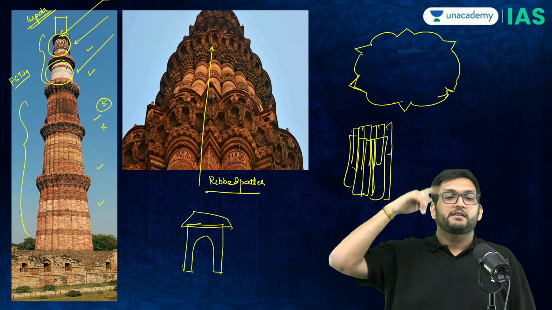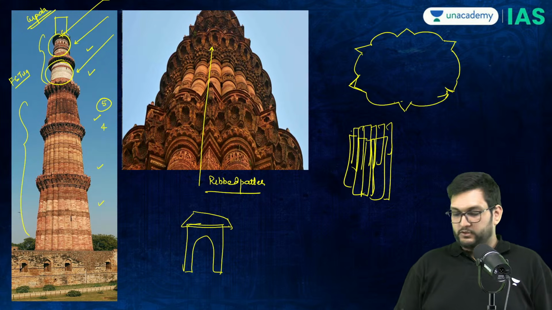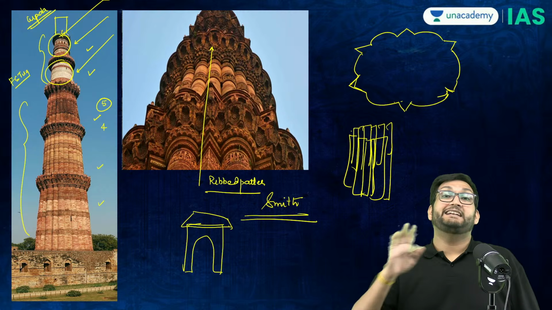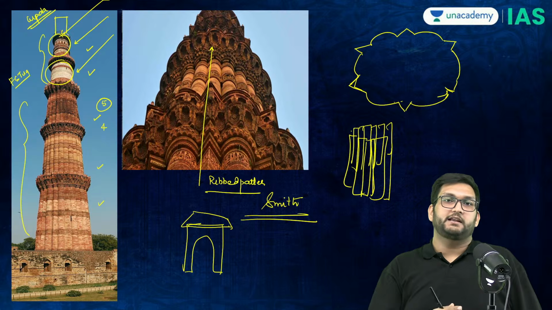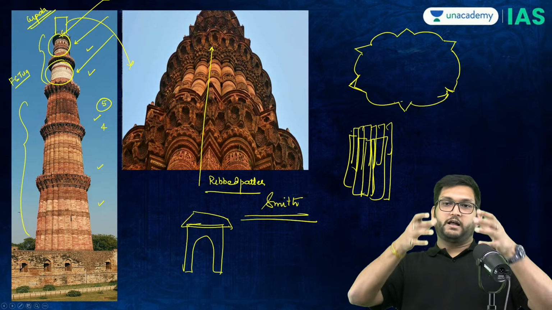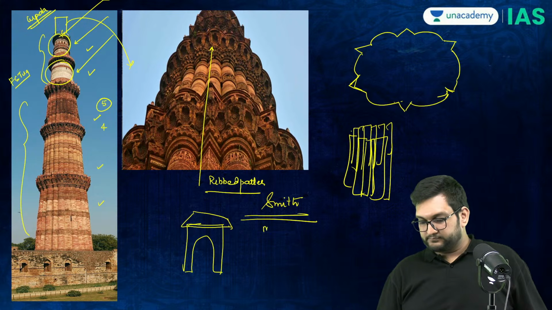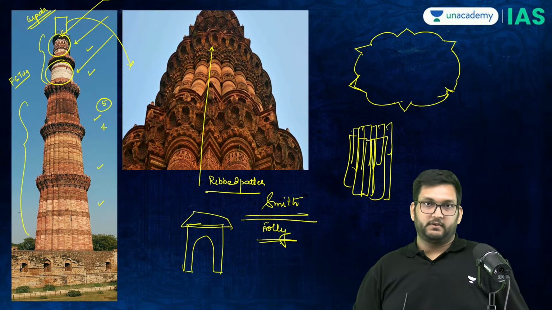When that cupola was added by a person called Smith, Harding, the viceroy, hated it. He said that it is not looking like a good structure. That cupola was removed, and in the Qutub complex you will find a small doming element which is called Smith's Folly, an element which was added but removed.